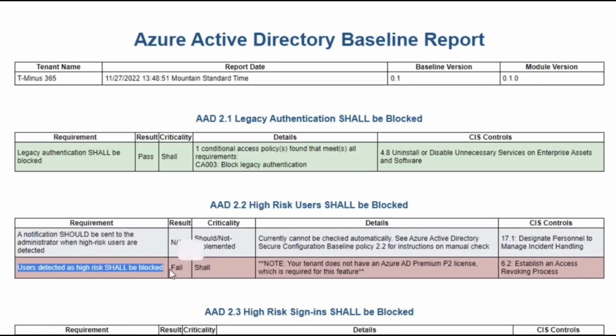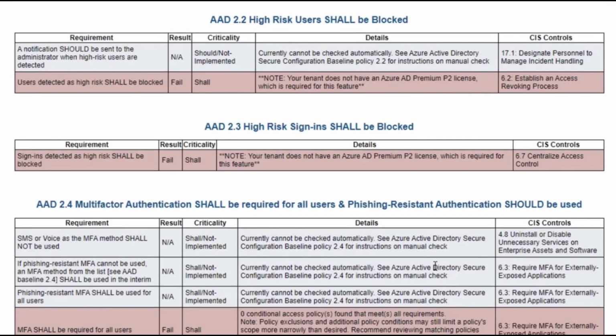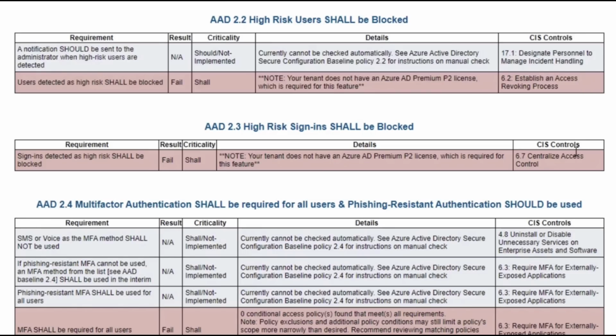So for example, if I wanted a P2 feature, let's say Identity Protection, it would recommend that, but of course I can't implement that. The other thing I find is that the granularity of this tool is really good, and it makes really good recommendations. For example, things like conditional access settings and so on. So definitely take a look at this tool, and I'll put the link underneath. That's my number 3 tool.